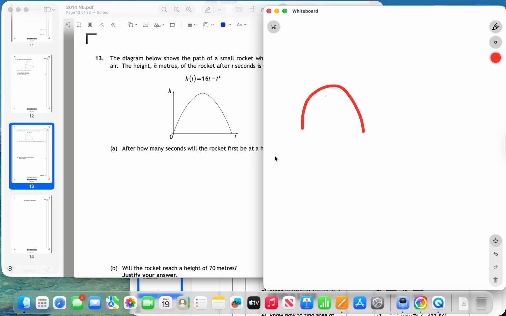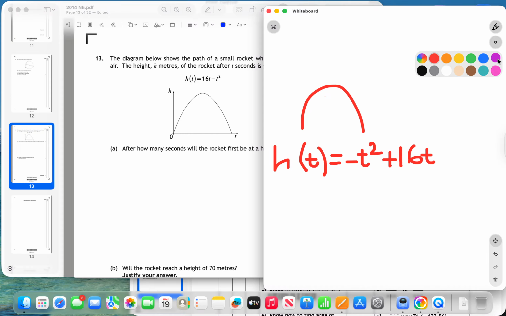So if we write this as h(t) equals minus t squared plus 16t, then you see that the coefficient is minus 1, because minus t squared equals minus 1, and that's negative, so it's a sad face and a maximum turning point.